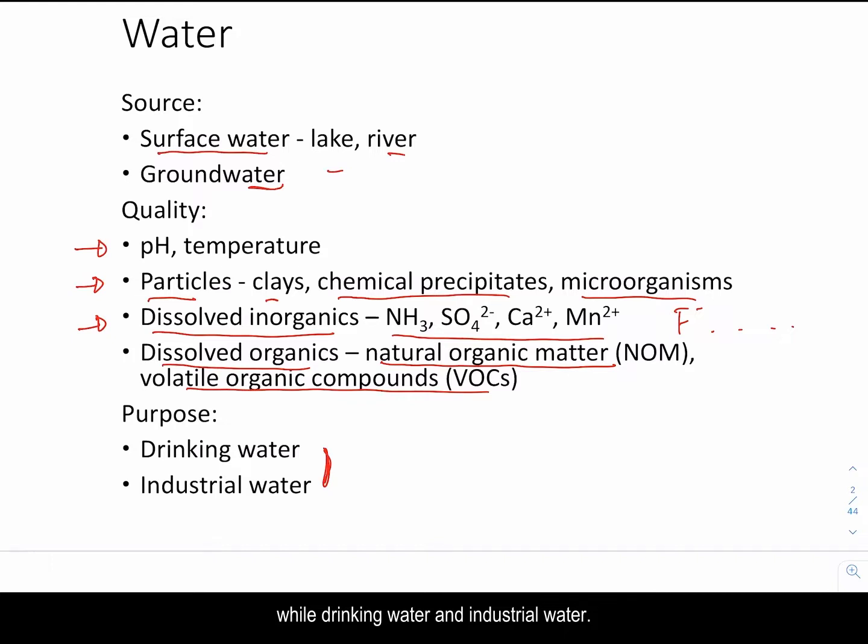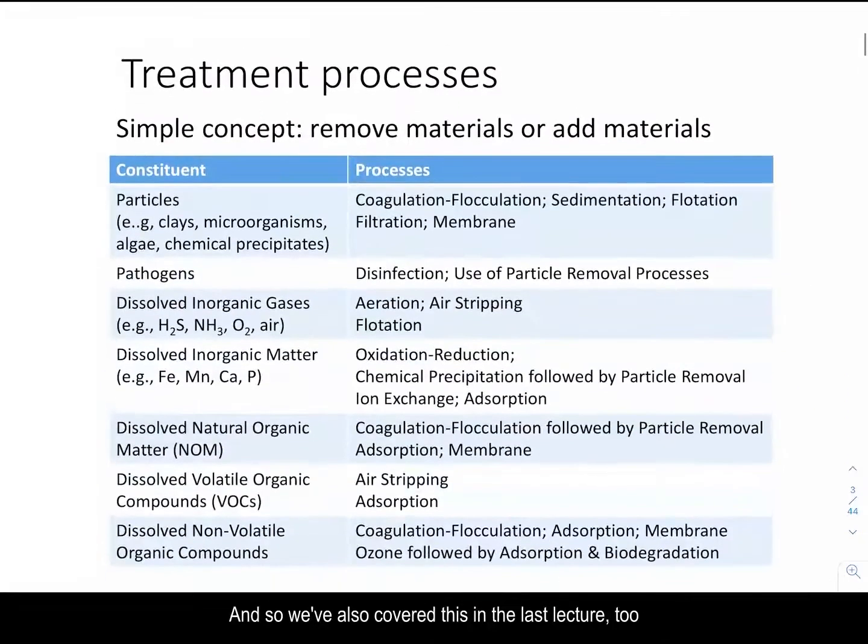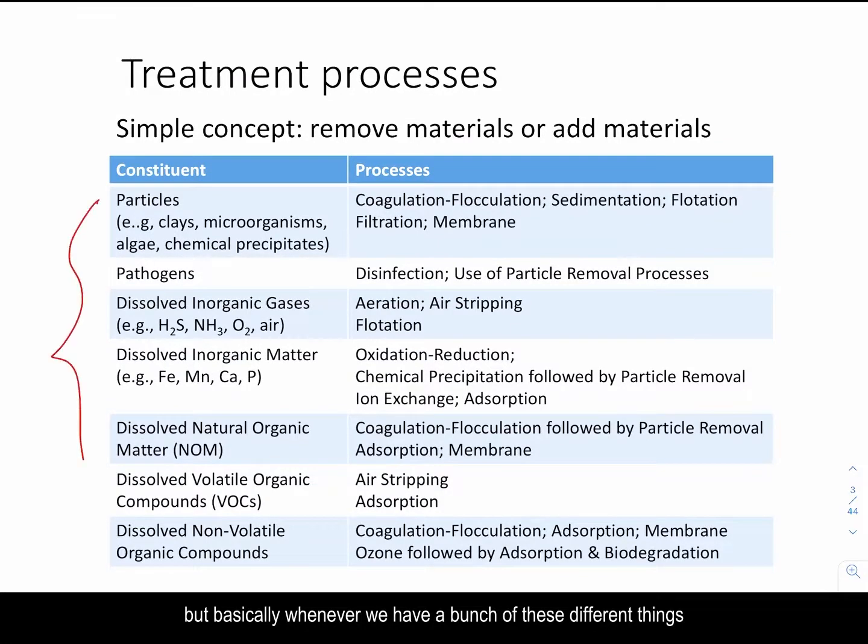Okay, and we've also covered this in the last lecture, but basically whenever we have a bunch of these different things in the water that influence our water quality, and if we think that they are not suitable for our use, then what we have to do is either remove them from our water, or change their form so that they are not going to influence our water quality, right?